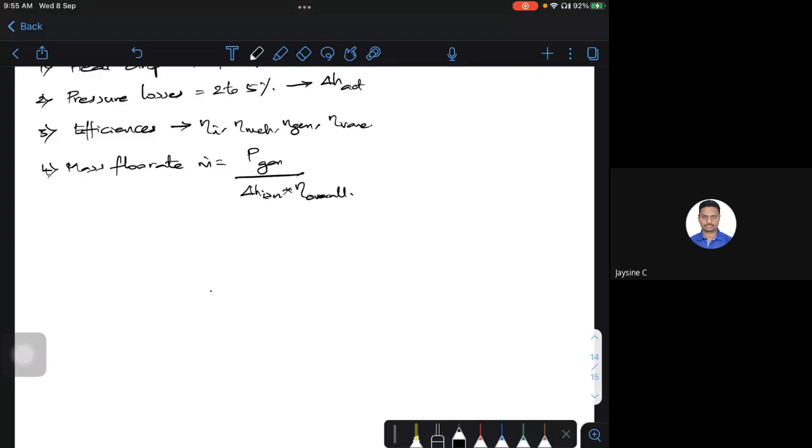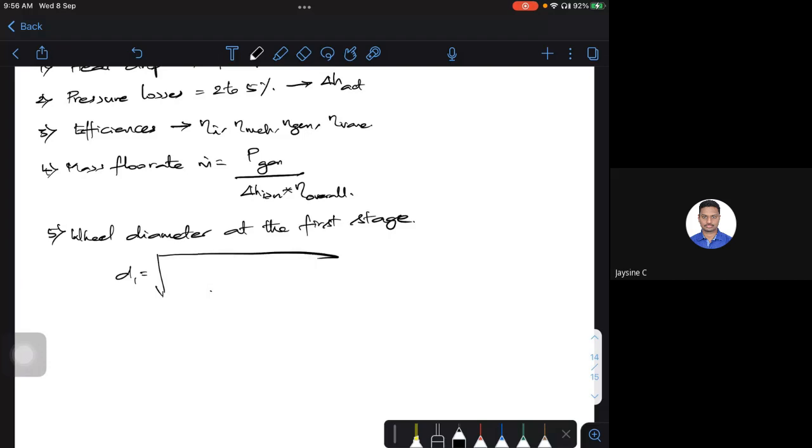Diameter is critical. The wheel diameter, we call it the wheel diameter at the first stage, is very critical. There's a formula. There is no option to derive this formula, but I want to write it and try to explain it.